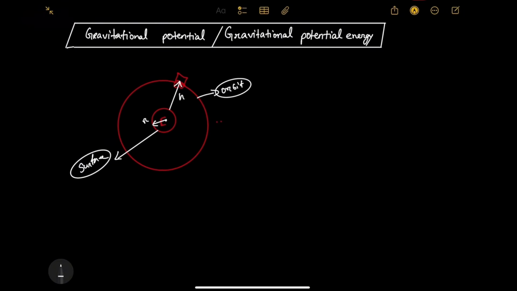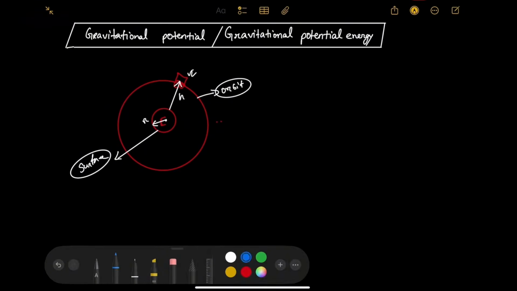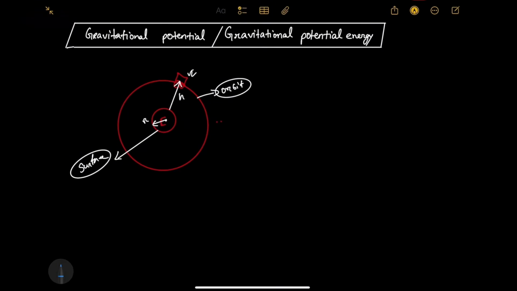So the distance from the center of the Earth to the satellite is R plus h. It has been taken to a distance of R plus h. So this blue line is R plus h. This is the radius the satellite is away from the Earth.